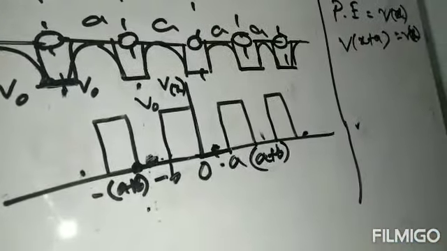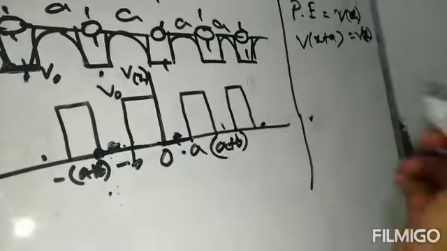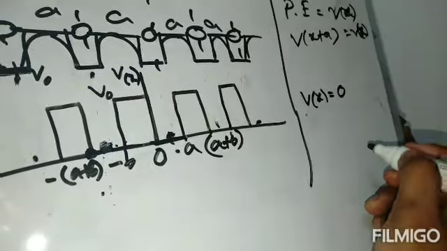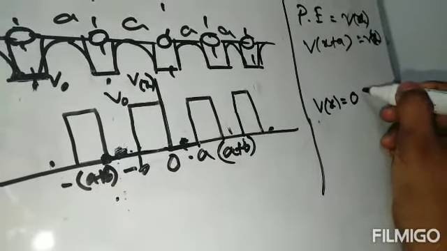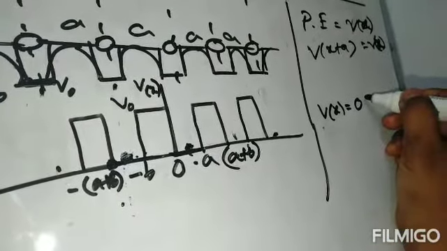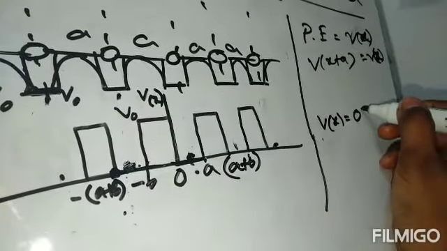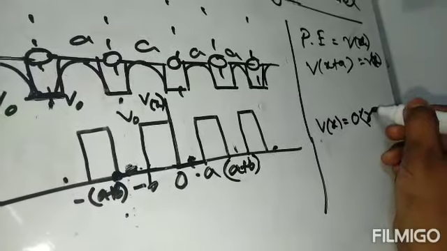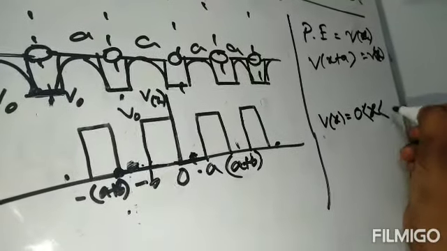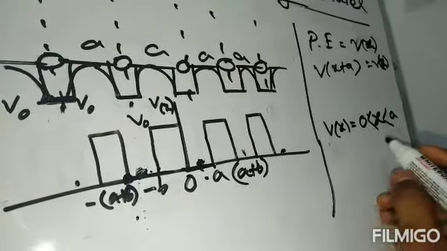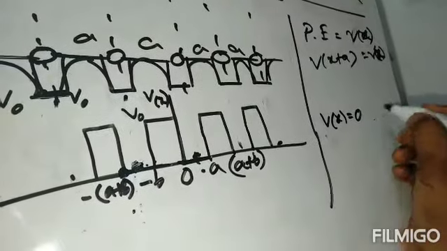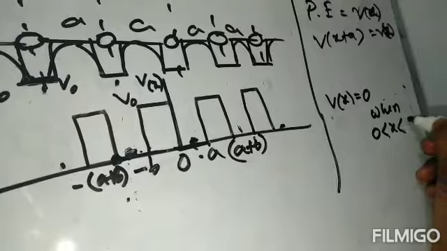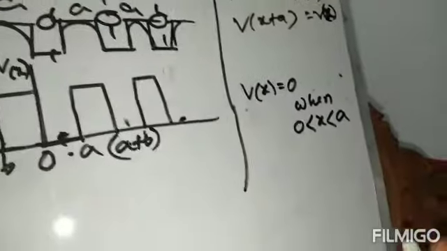So for this square potential well, the condition is V(x) equals 0 when x is greater than 0 and less than a.